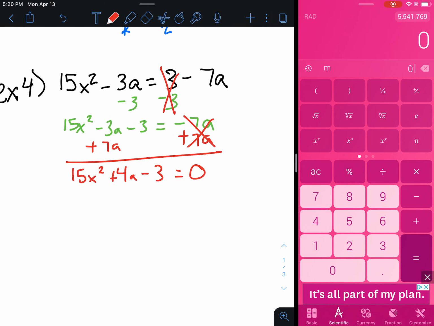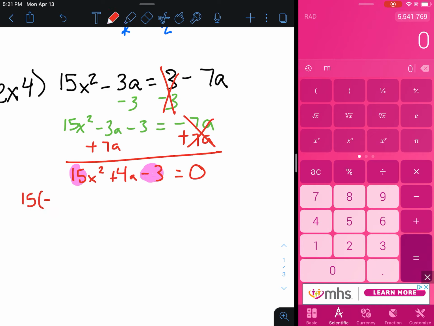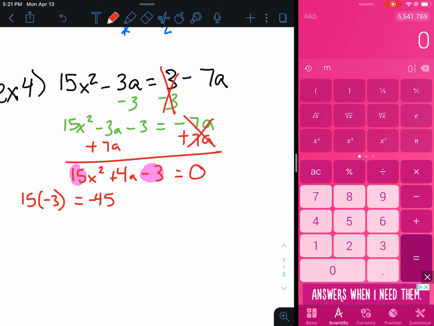All right, so now we notice that the term in front is 15, so it's not a 1, which means that we are going to need to multiply our a by our c. So when we multiply 15 by negative 3, that gives us negative 45. So when we have factors of negative 45, we have to figure out what two numbers when multiplied give us negative 45, but add together to give us positive 4.